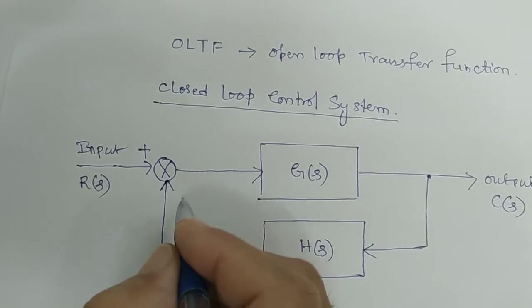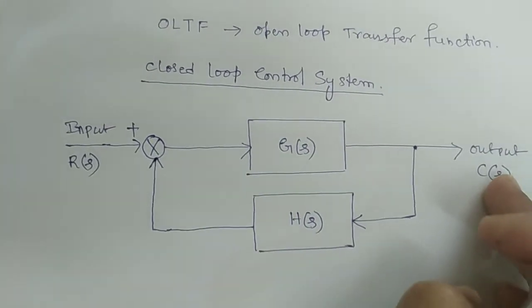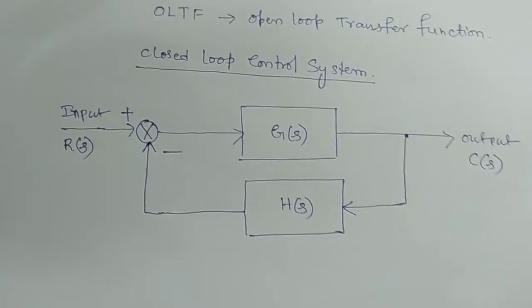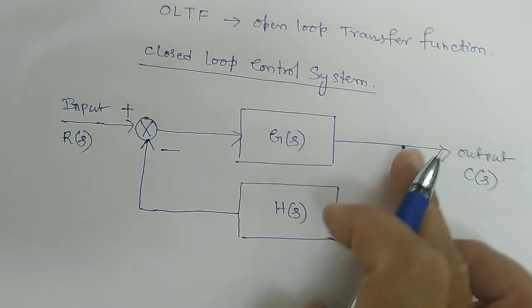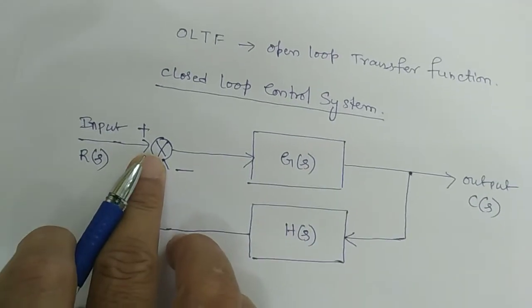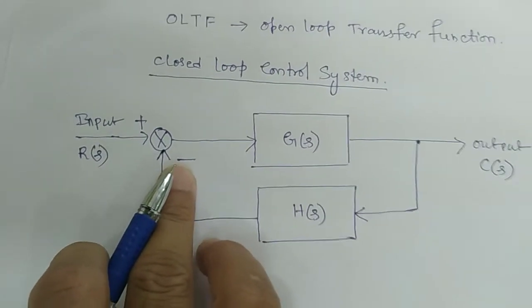Today I am going to explain the ratio of output to the input with negative feedback. Negative feedback means whatever part of the output you are feeding back to the input must be represented by a minus sign. Remember that, minus sign.